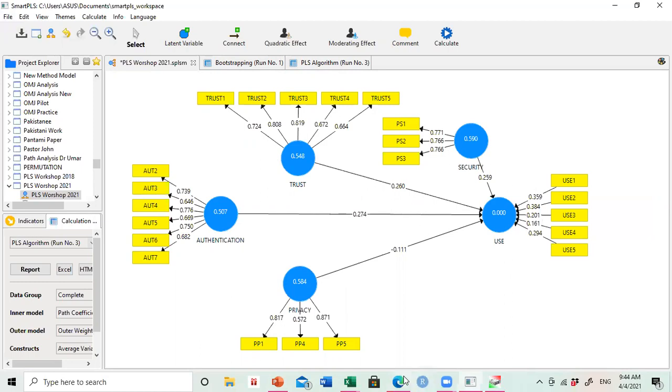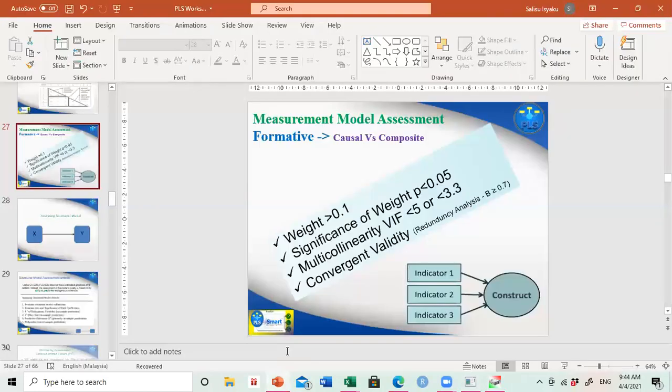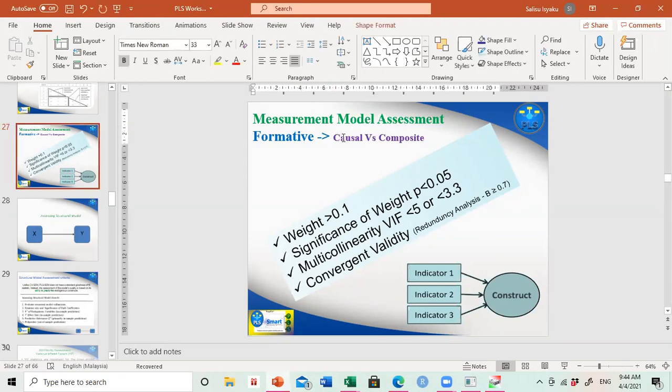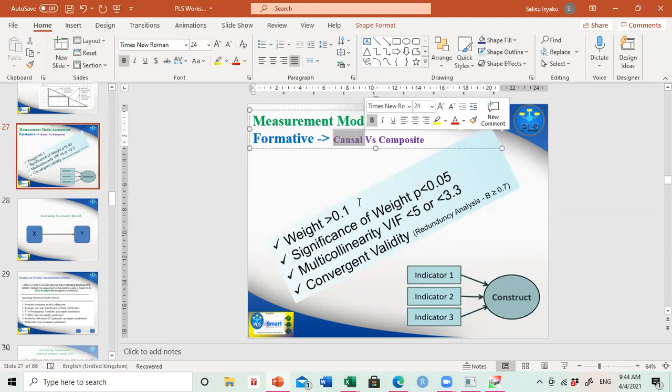I did tell you that there are two types of formative: causal and composite. When we say causal, we are talking about a specific type of formative construct where you can delete an item.